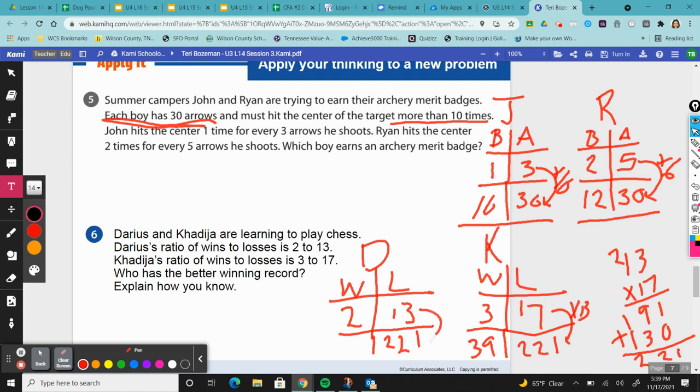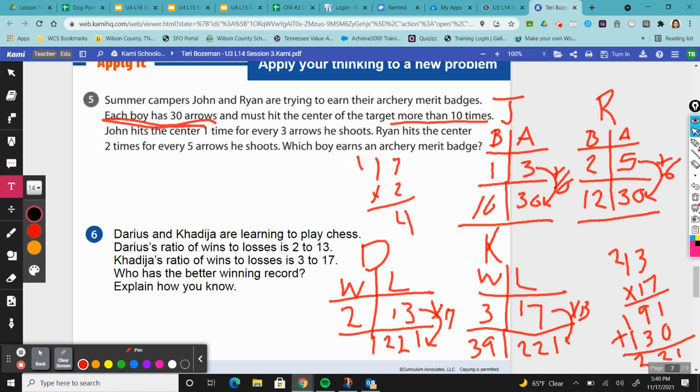Over here, 13 to 221. Well, 17 times 13 is 221, which means if I flip it around, 13 times 17 is 221. I'm going to do 2 times 17. Well, what is 2 times 17? If you can't do that in your head, remember, you can always come over to the side and say, okay, 17 times 2. 2 times 7 is 14.